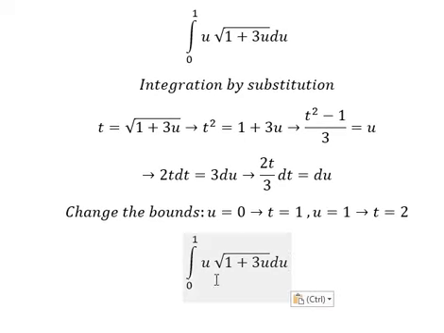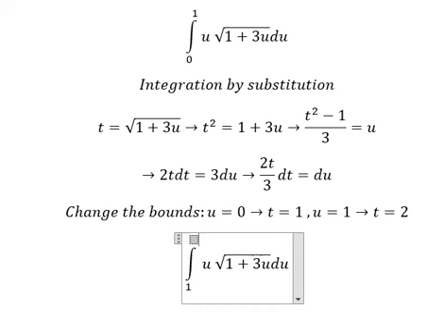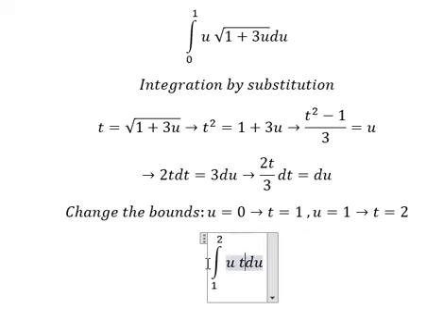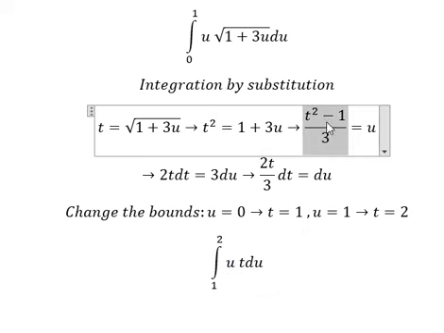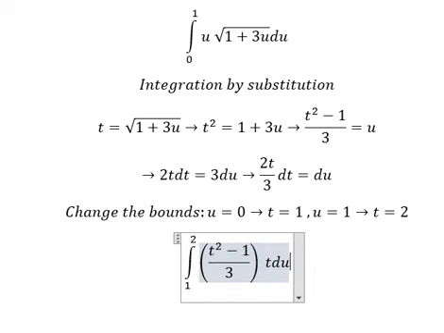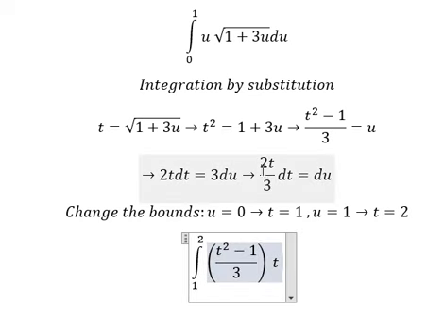So this one we change to 1, and 1 we change to 2. The square root is t, and u is this one.